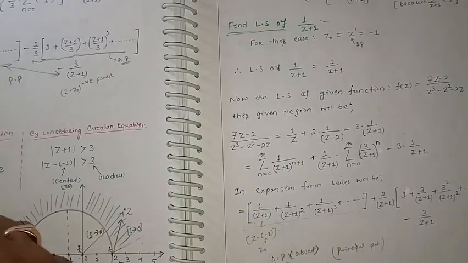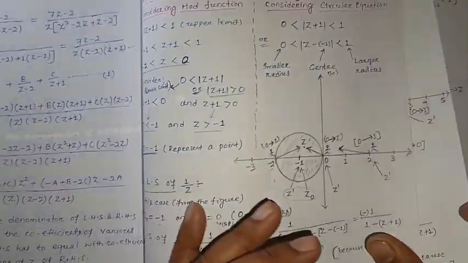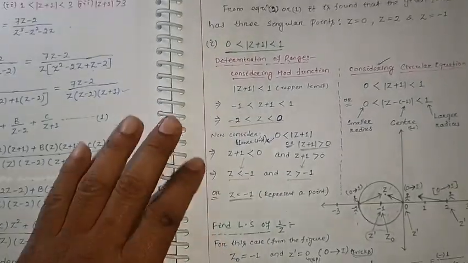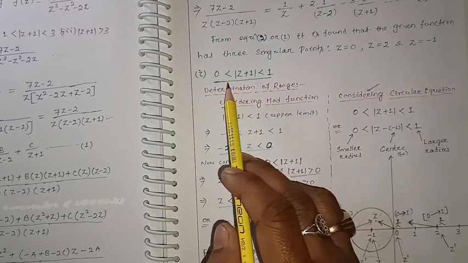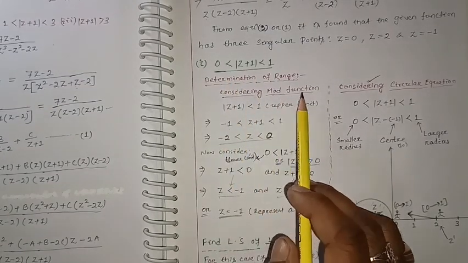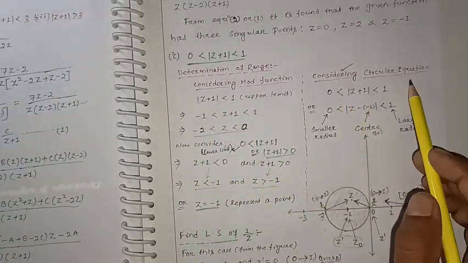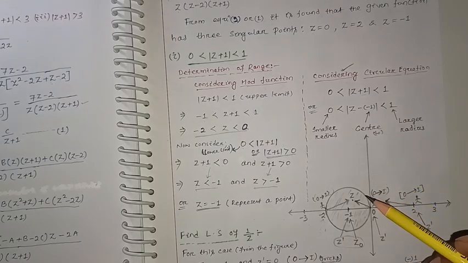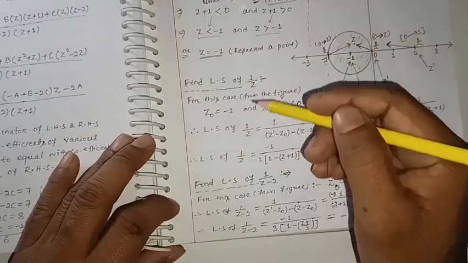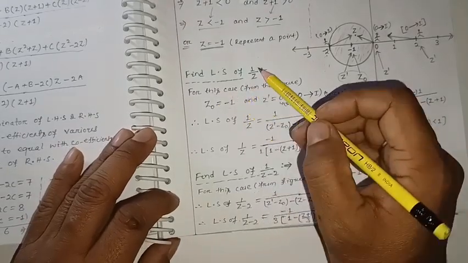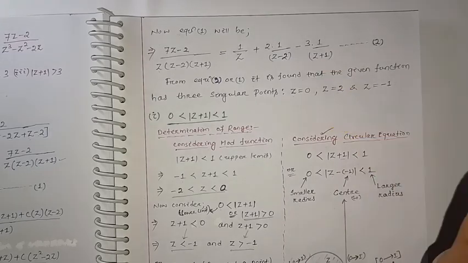So here I am going to show you. Suppose I consider the first region. Here we considered this range, and by considering the mod function, or the circular equation, we found the range, with the center at minus 1. We found the Laurent series of 1/z, 1/(z-2), 1/(z+1), and substituted.